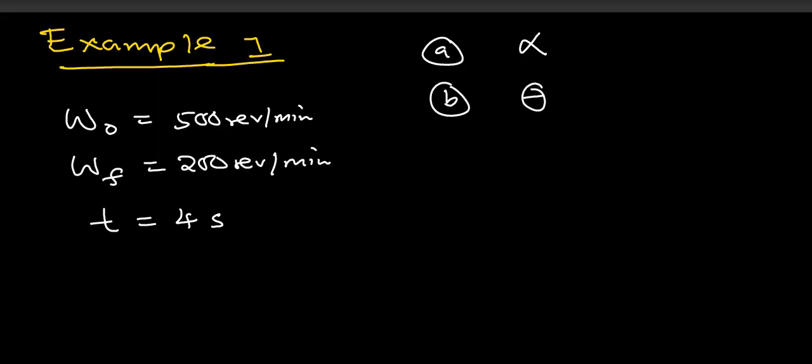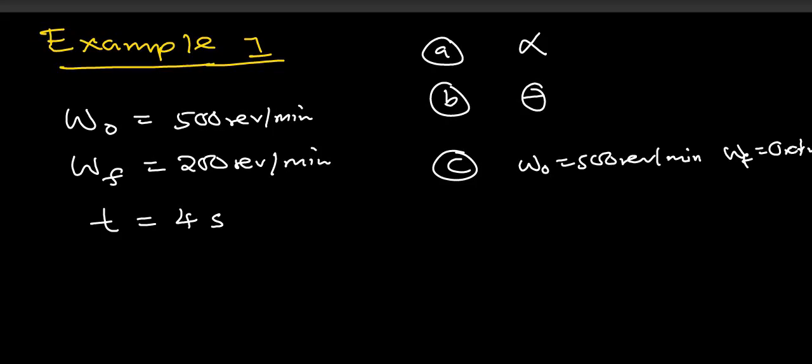And the last one, they want the time it's going to take for it to come to rest, meaning we're starting from 500 and the final is going to be 0, in revolutions per minute. So what is going to be the time? That's what they want in number 3, the last part.